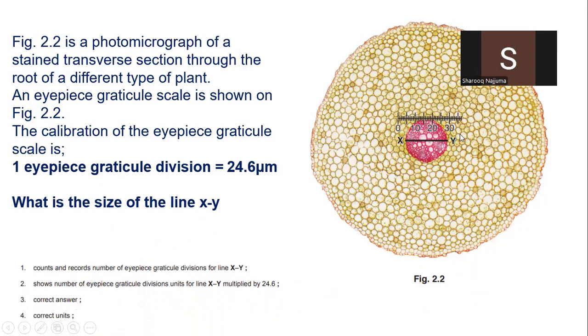Record them, count them and record. Then show the number of eyepiece graticule division units for line XY multiplied. We multiplied. And then you wrote the right answer. And then make sure that your answer has units. That is where the marks are coming from, and the question was taking 4 marks.